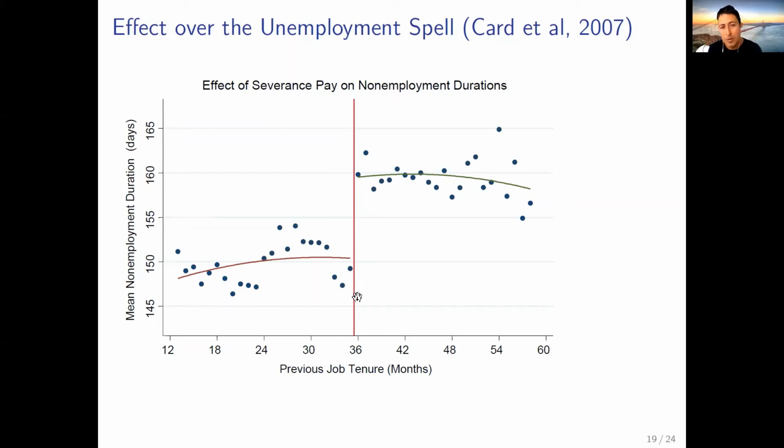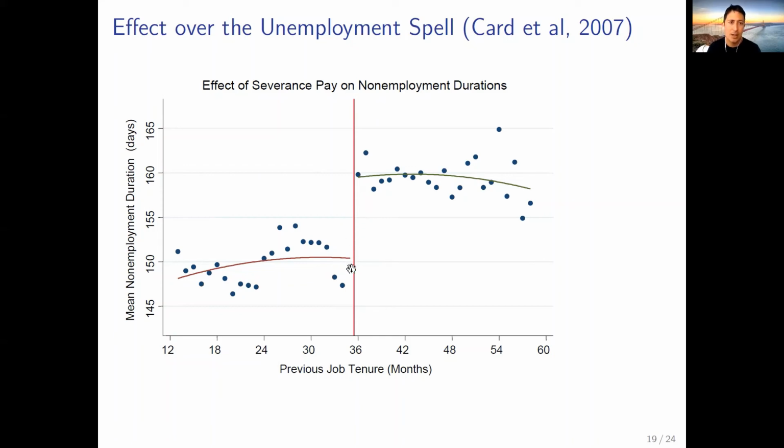So they're different. But if you look at someone that stayed in the job for just 35 months and someone that stayed for 36 months, those people are much more comparable, right? So if you just look at the difference around the discontinuity, this is capturing the effect of the severance payment, which is really what you want to get: how much longer people stay in unemployment upon getting this money. And you see here that there's a huge effect.